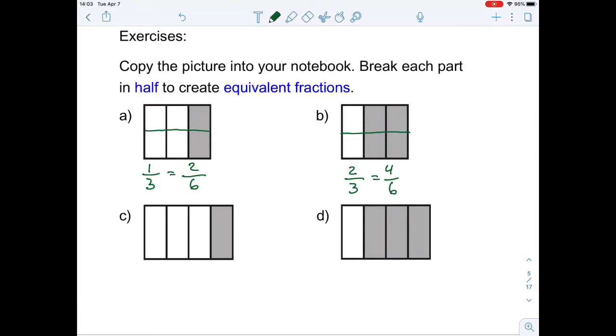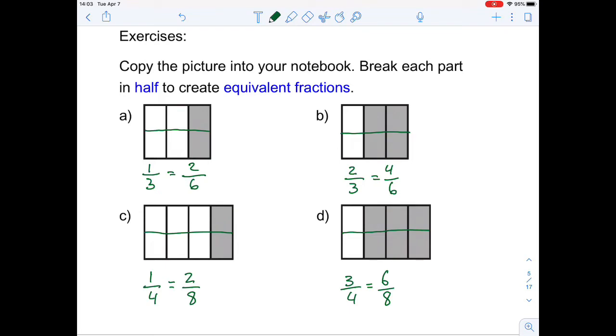Over here we had 1/4, 1 out of 4. And now we have 2 out of 8, 2/8. And here we had 3/4, and that's equal to 6 out of 8, 6/8. We can see those same fractions on our equivalent fraction chart.